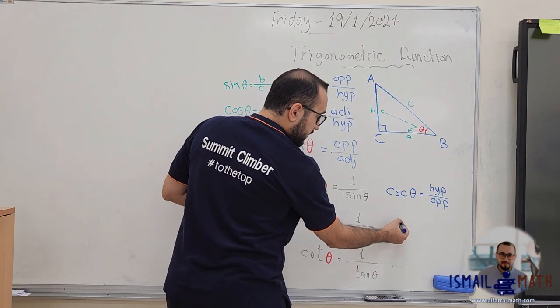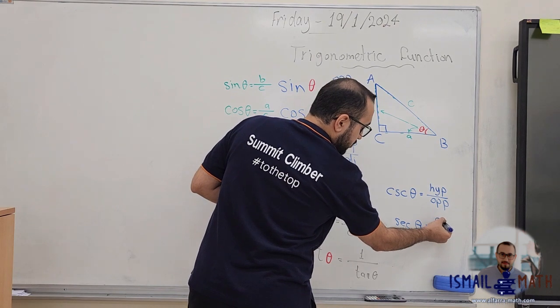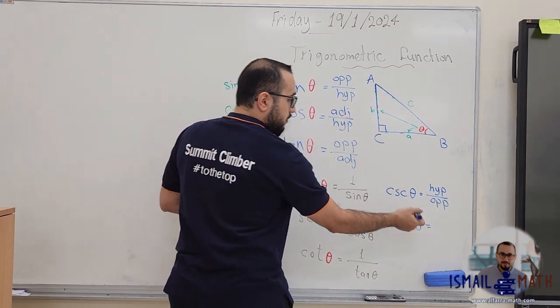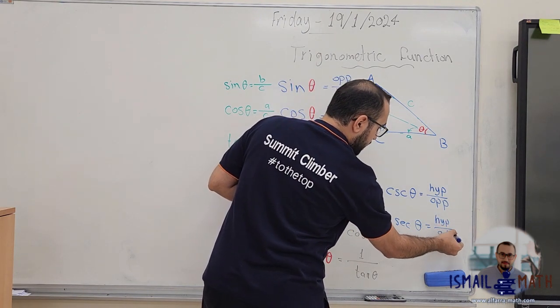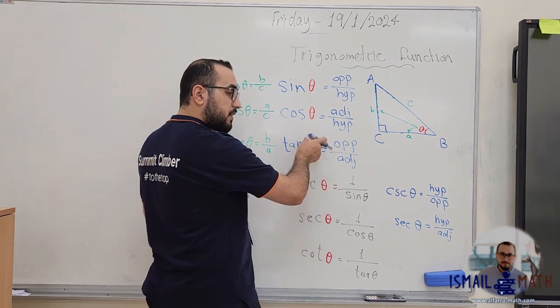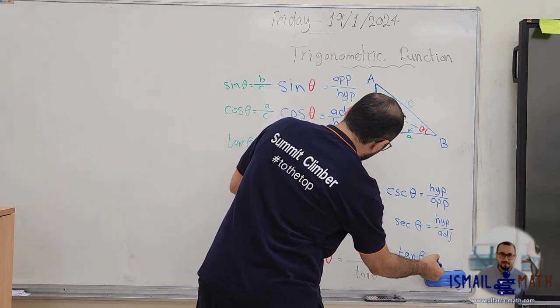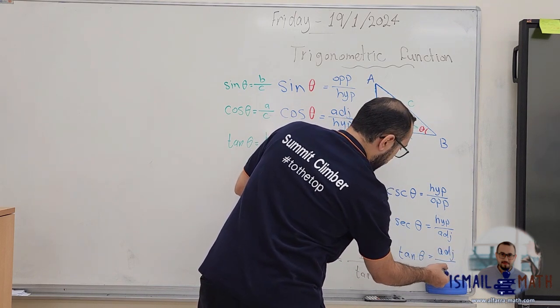Secant theta is hypotenuse over adjacent. Cotangent, the reciprocal of tan, where tan theta is opposite over adjacent, is adjacent over opposite.